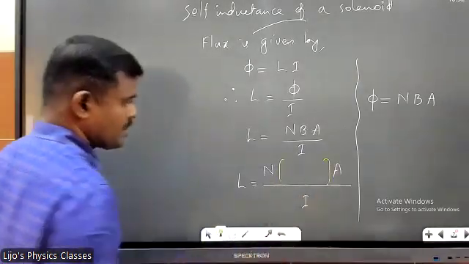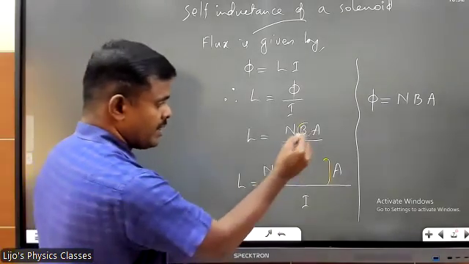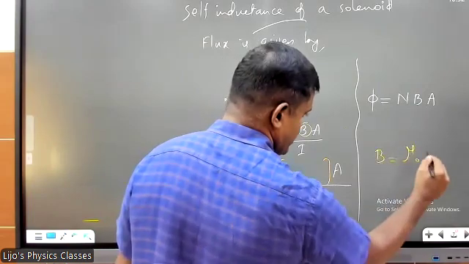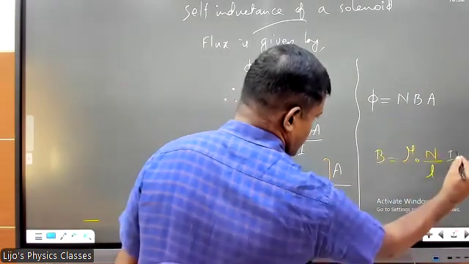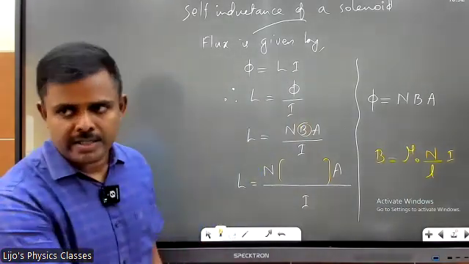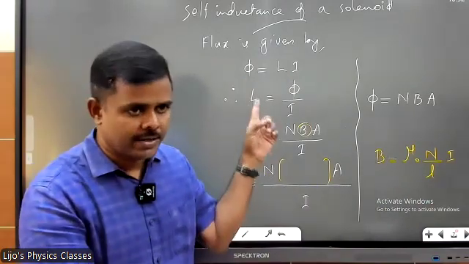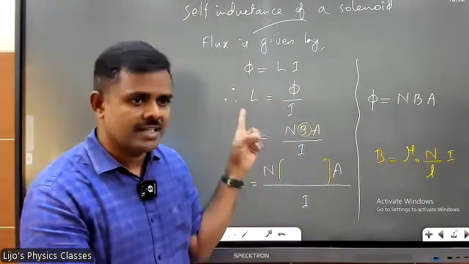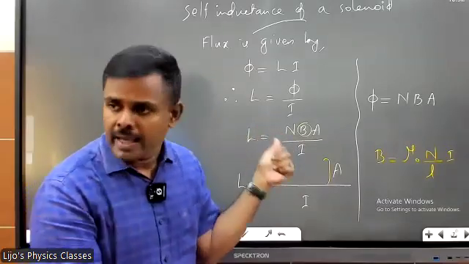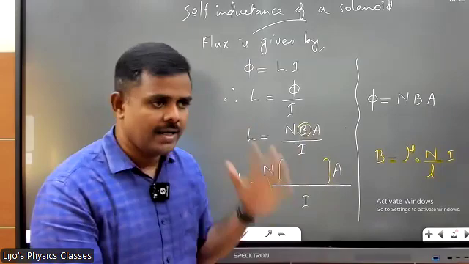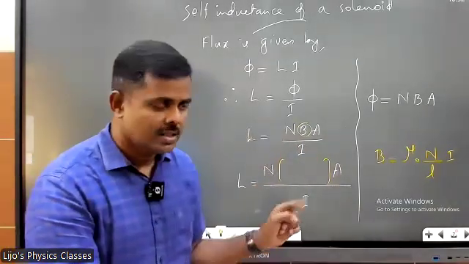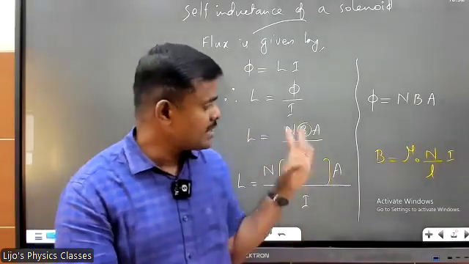And what is this? Look at this magnetic field. I'm going to substitute. What is the magnetic field equation? Mu 0 N by L into I. We learned this in the last chapter. Did you understand what I did? I started with flux is equal to L into I. What I want is L. L is phi divided by I. Phi is N B A by I. N as such, A as such, even I as such, and you are replacing B now.